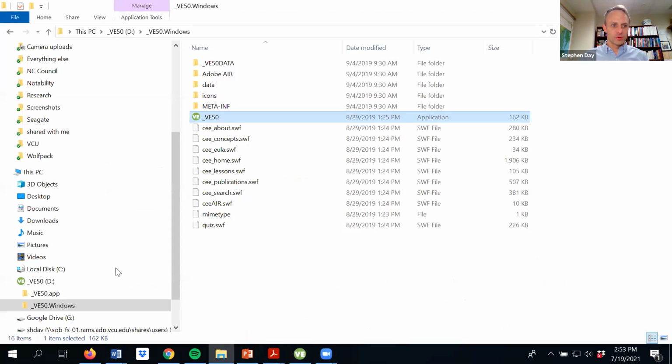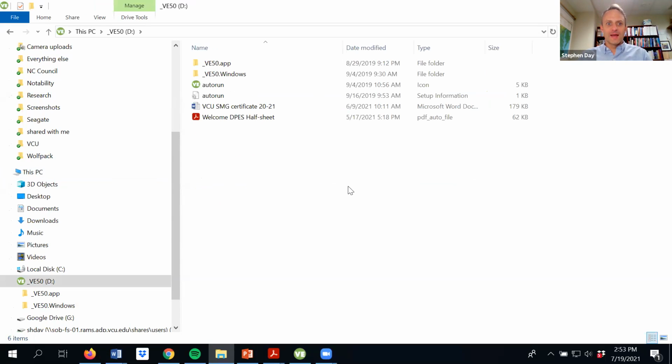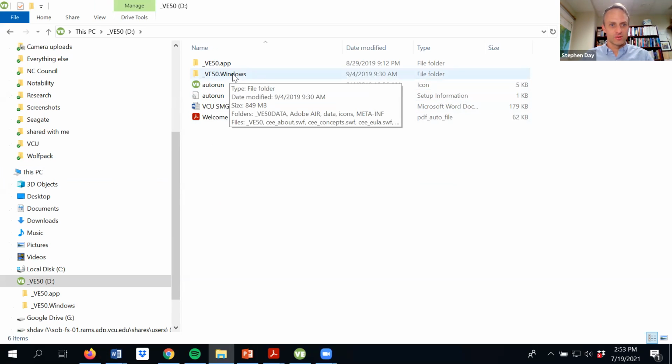You're going to open your computer and you've got a bunch of drives and everything. You're going to pick VE50, which for me is drive D, but it's your jump drive, so make sure you select that. And then it's going to give you these things. You don't do auto run, assuming that you're using a PC, you do PC.